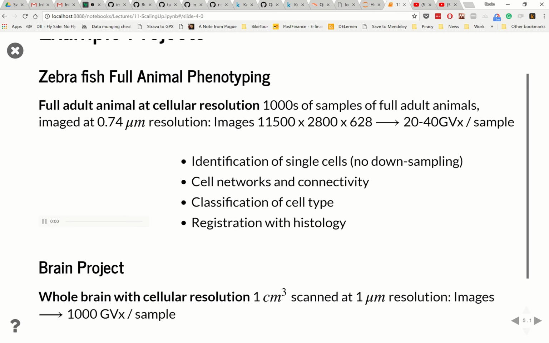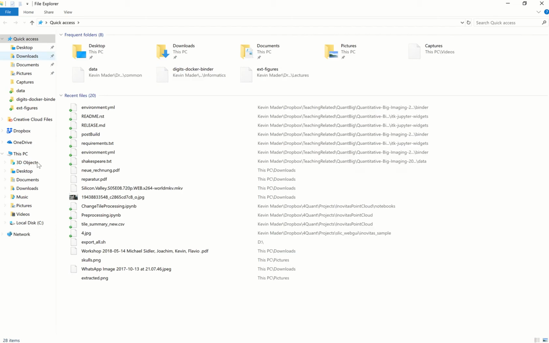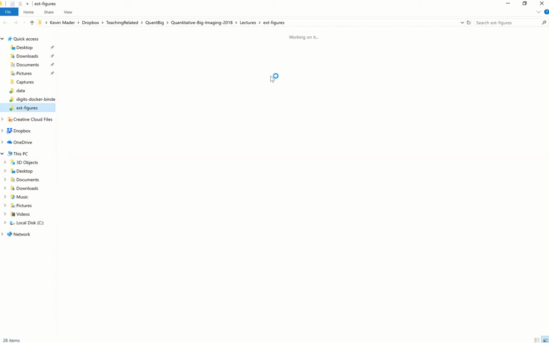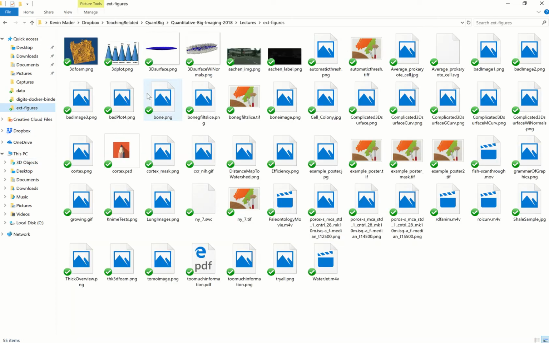Is that? Oh, that image doesn't work. So if we, I think it's here.